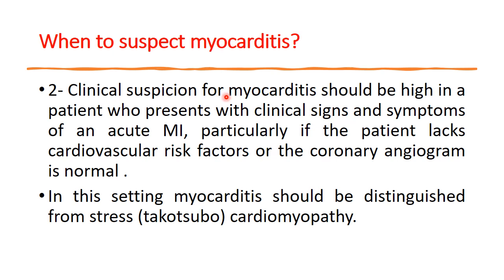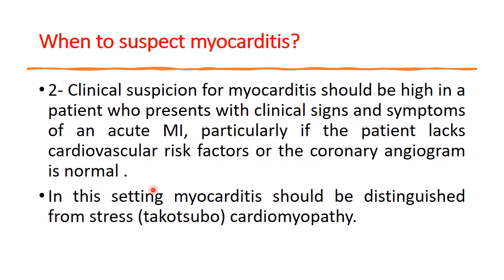Clinical suspicion for myocarditis should be high in patients who present with clinical symptoms and signs of acute MI, especially if the patient lacks cardiovascular risk factors for coronary artery disease or the coronary angiogram is normal.